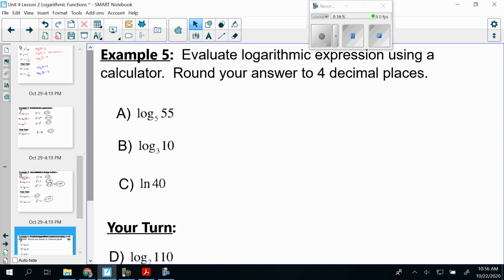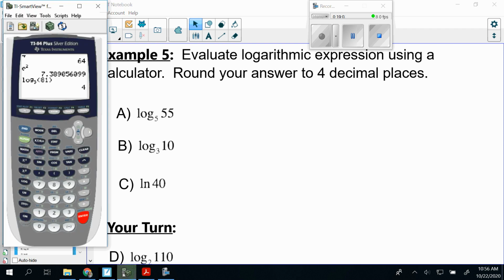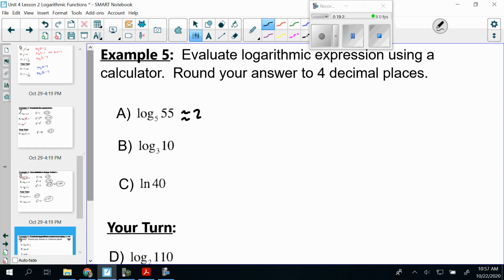This one, they just want you to use the calculator and then round your answer to 4 decimal places. So this is just using the calculator to solve. We've done a bunch of these already, but just to go through again, go to that log base part. You can do it this way where you type in 5 and 55, and the approximation here would be 2.48.